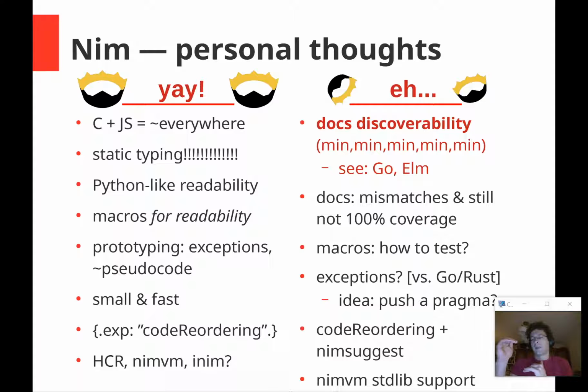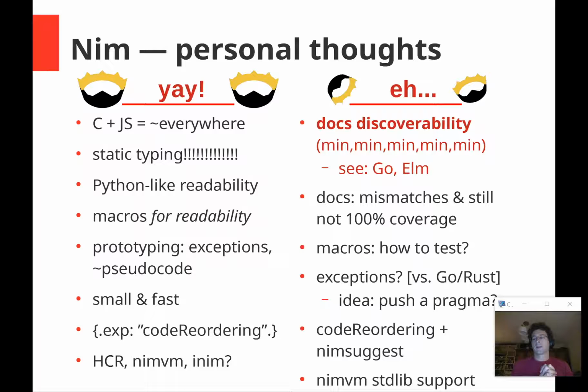You could mark regions of your code with a pragma that would switch them to a Go-like way of handling errors and tracking all of them, making sure they are all handled. That's the idea, just something I thought about.